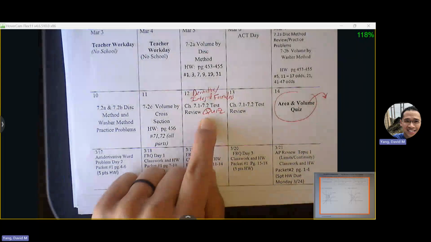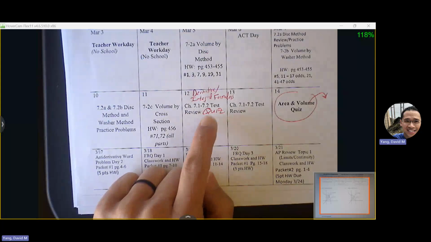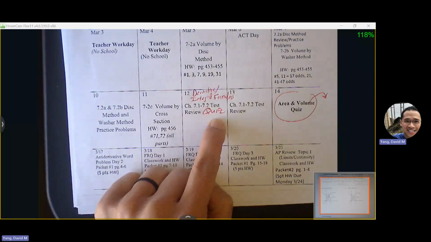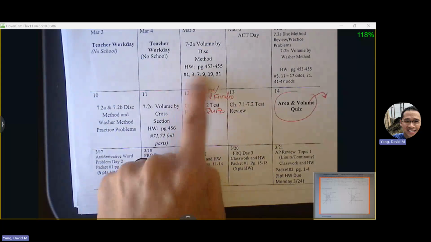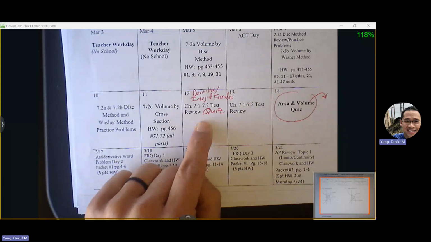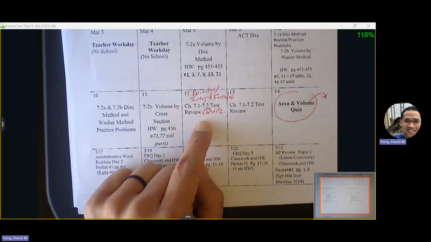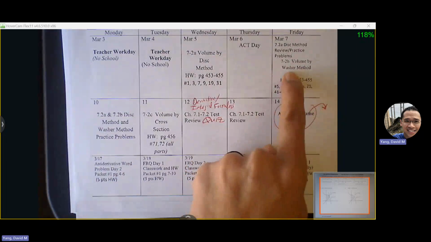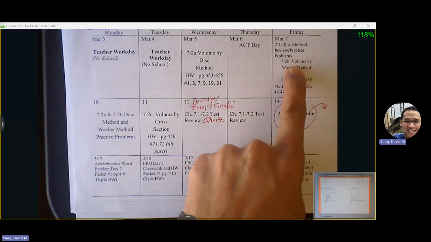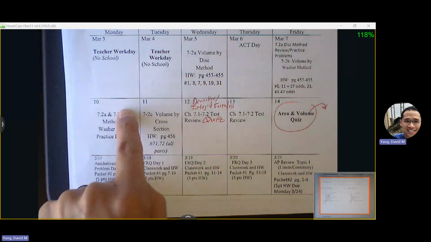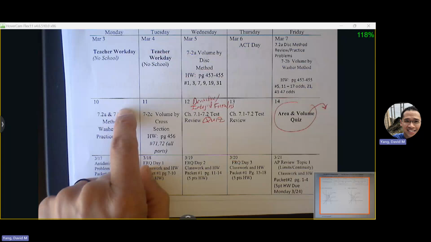But I think maybe it's a good time for us to revisit all of the derivative and integral rules. So we're going to have a quiz on the 12th, just over all the derivative and integral rules. But I will give you a sheet of everything that you need to know, and I'll probably give it to you maybe next Friday, and then you'll have the weekend and Monday, Tuesday to look over it and practice.